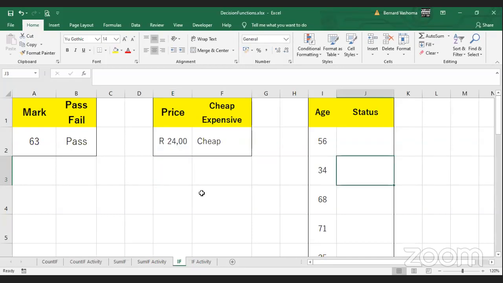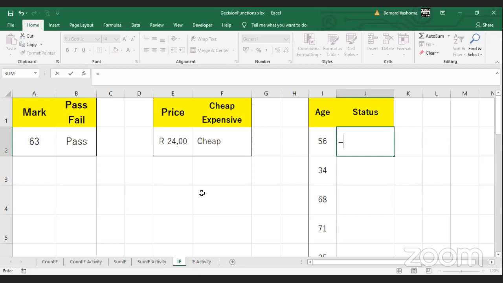Here, right? We want to display the status of a person according to their age. So suppose we say somebody who's over 65 years is now in pension. But if you're under 65, we don't want to display anything. We just want the cell to remain blank, right? So we start again equals IF, open bracket, if this value is greater than 65, right?